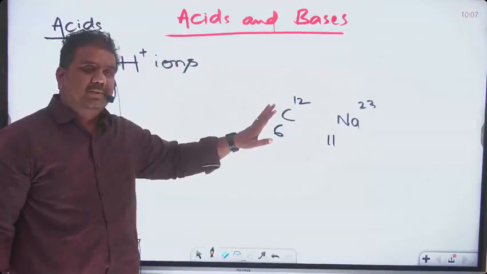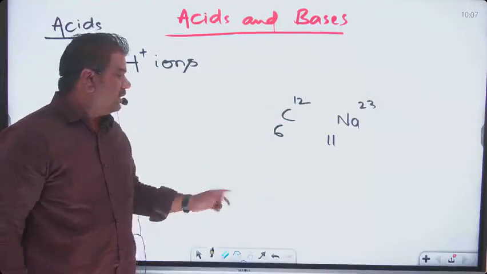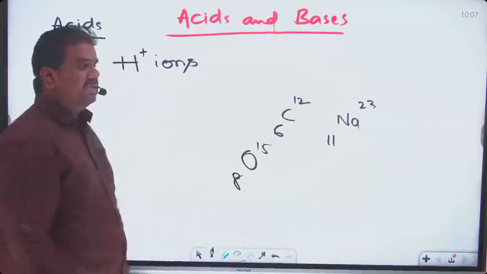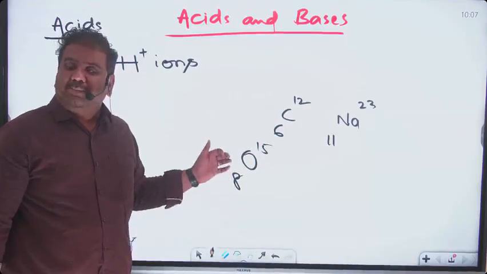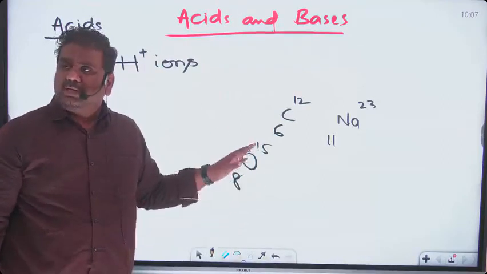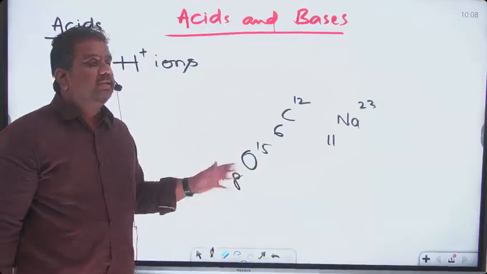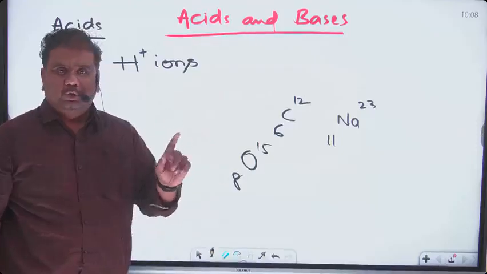It means the number of neutrons may be more, or equal. Take oxygen 8 15: here the number of neutrons is 7. The number of neutrons may be less than electrons and protons, equal to them, or greater than them, so we are not bothered about neutrons.